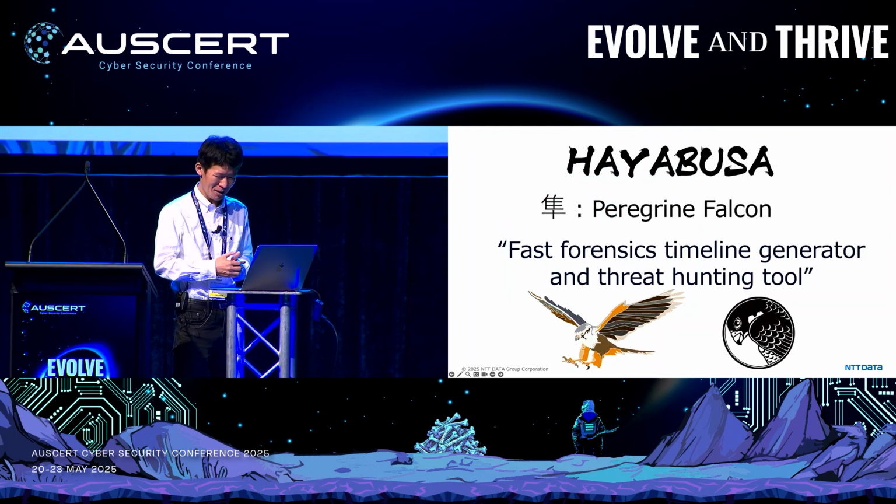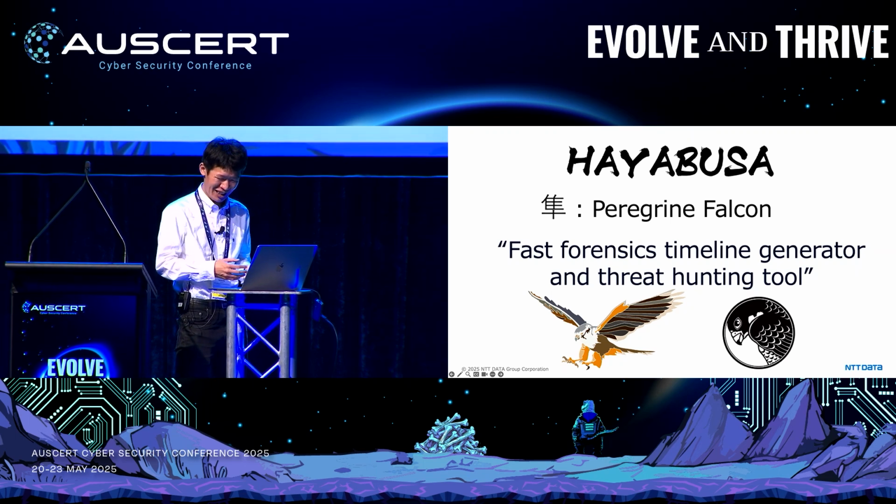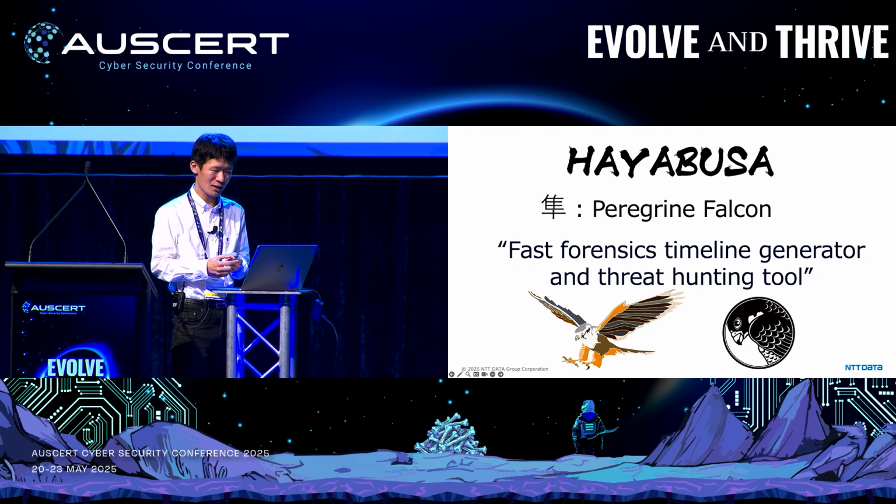Hayabusa means peregrine falcon in Japanese and was chosen as peregrine falcons are the fastest animal in the world, great at hunting and highly trainable. Hayabusa is a fast forensic timeline generator and a threat hunting tool.